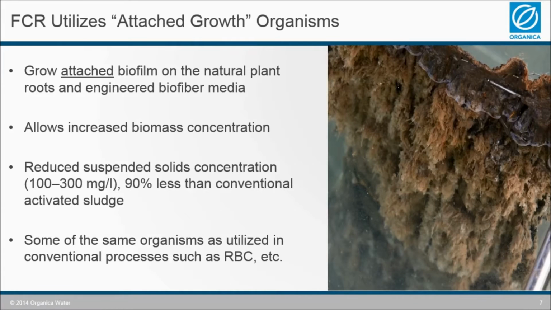It also reduces the suspended solids concentrations by 90% or more relative to the conventional systems we talked about already. But many of the organisms that are utilized in these processes are similar to both activated sludge processes as well as traditional fixed film processes such as RBCs that you may be familiar with.